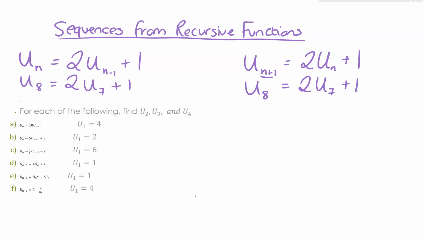They mean the same thing, just written slightly differently, and it doesn't matter which one you use. It's just a term-to-term rule. So wherever you see the U n or the U n minus 1, you're just substituting in the previous term.